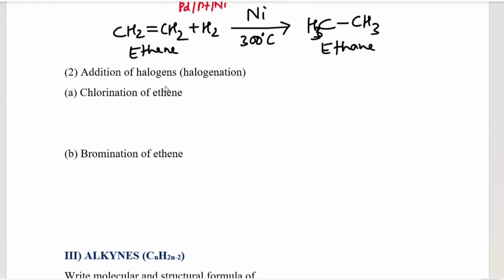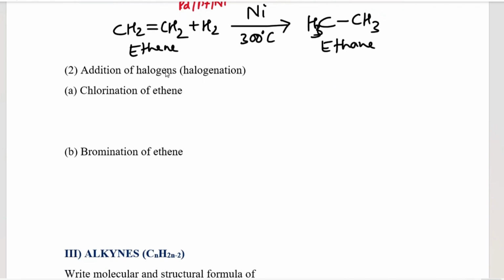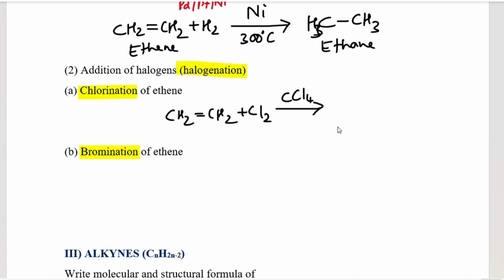Okay. Next. Addition of halogens. So you are adding the halogen across the double bond. You can call it halogenation. Particularly chlorine means chlorination, bromine means bromination. Everything is same, right? Ethene you take CH2 double bond CH2. Chlorine you add. Okay, but here what is the condition? You have to take the organic solvent carbon tetrachloride, CCl4.